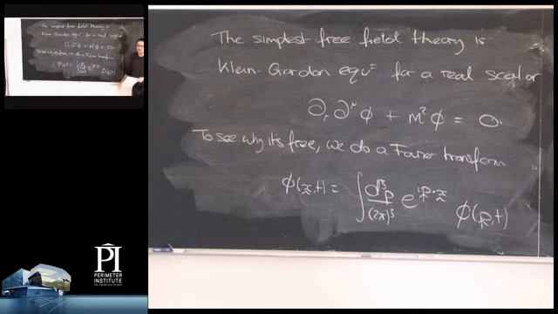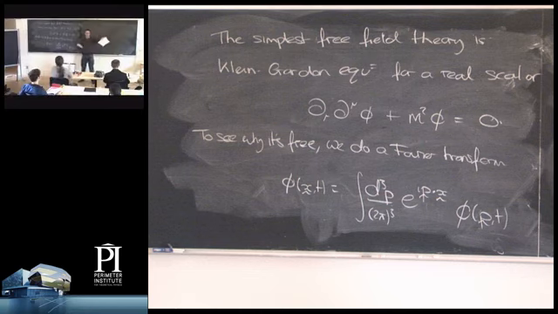But you see, it's a dummy variable. I could have called it p, I could have called it q, I could have called it anything. Just integrated over, it's just some decomposition of the field. That's the best way to think about it. What it's really doing is what Fourier transform always does.